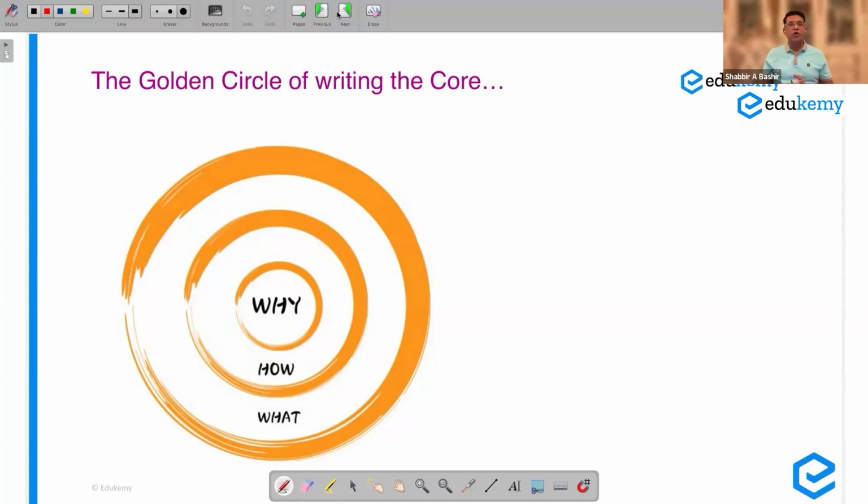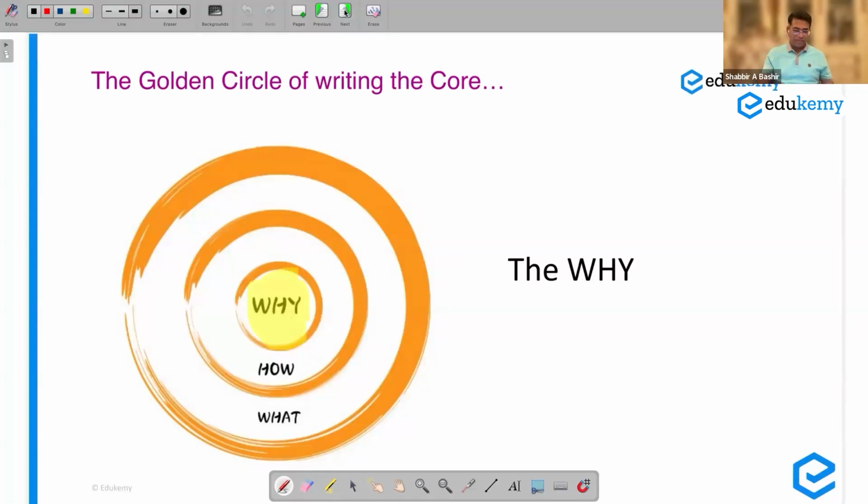Whatever you do should be organized around why, how, and what. And at the core of whatever you do, you must have the why. So also in essay writing, in body writing, the why part is a very important part of understanding and making an essay relevant. So what does the essay body demand of you? Why should you write the way you should write? We'll focus on that first.